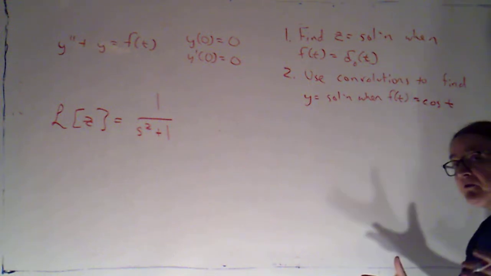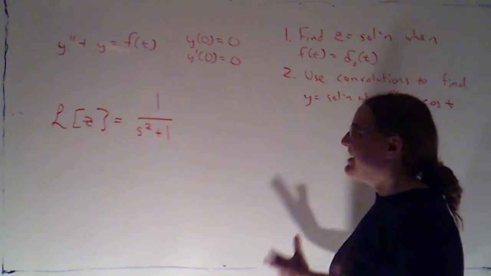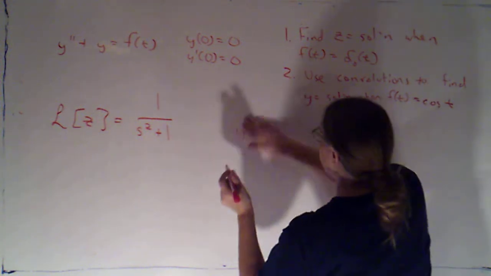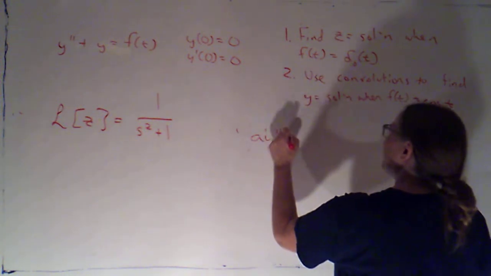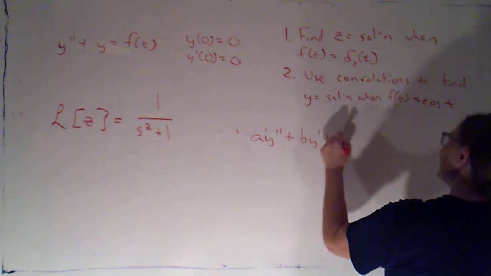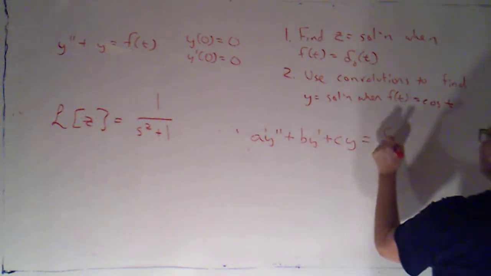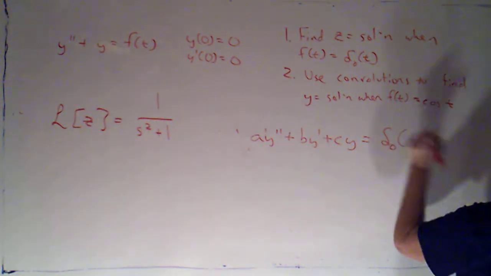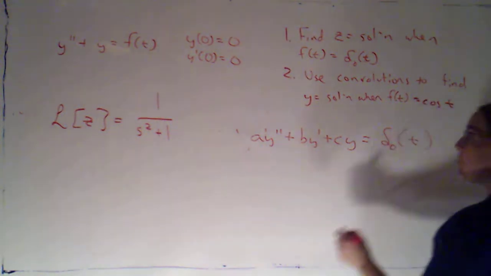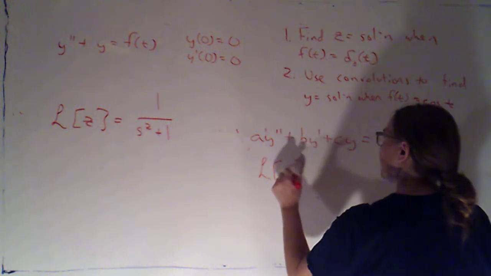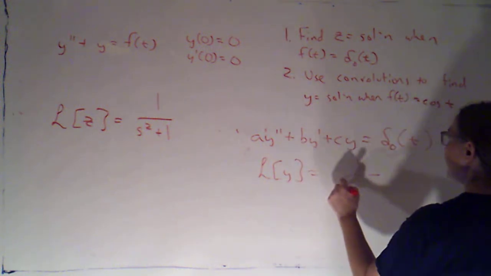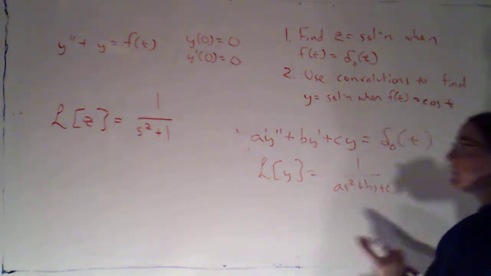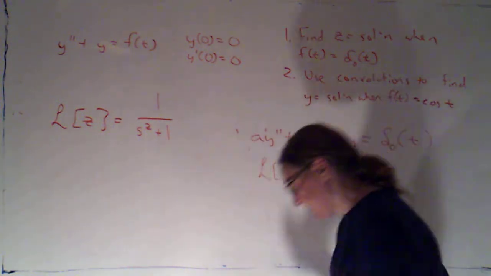But we proved that in general, if I take ay double prime plus by prime plus cy equals the Dirac delta function at 0, then the Laplace transform of y will be 1 over as squared plus bs plus c. So we've proved that in general, so we can actually use that.